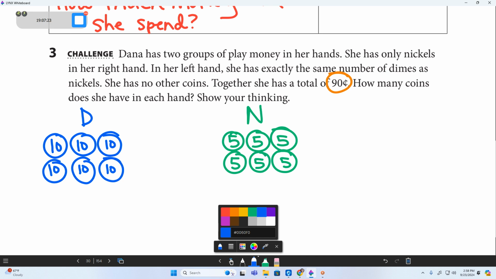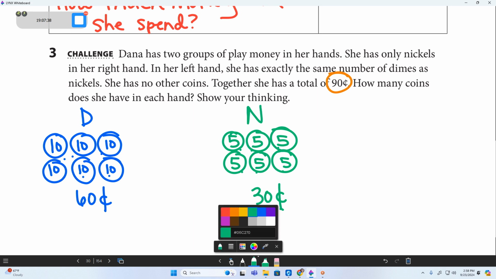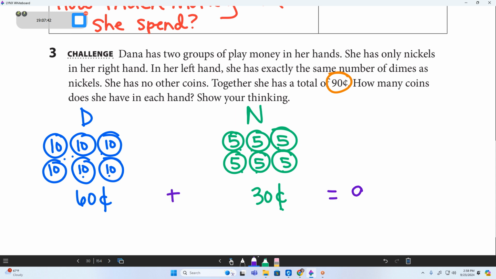Okay, now let's count it up. 10, 20, 30, 40, 50, 60 cents in dimes. And in nickels, she has 5, 10, 15, 20, 25, 30 cents. Oh, and what is 60 plus 30? 60 plus 30 equals 90.